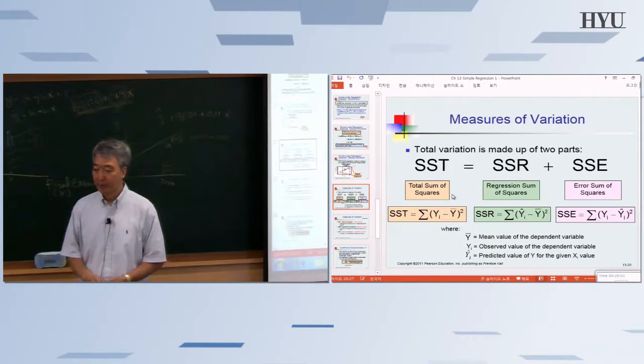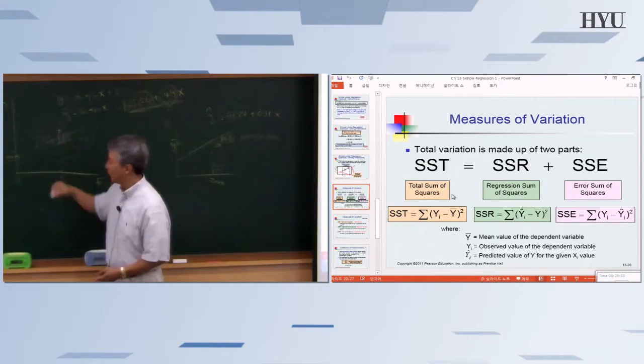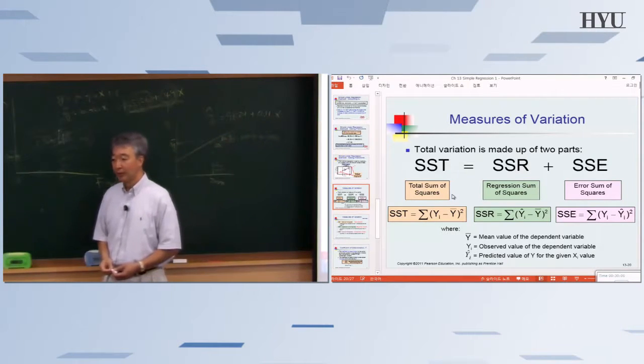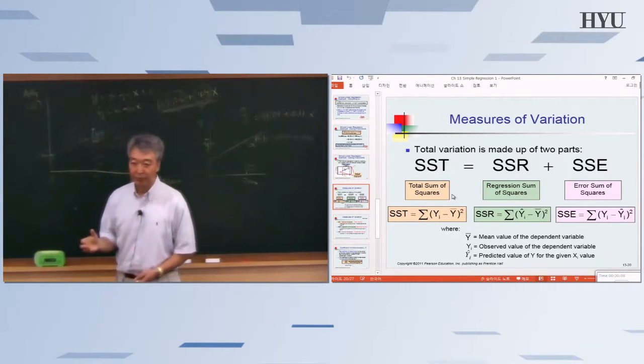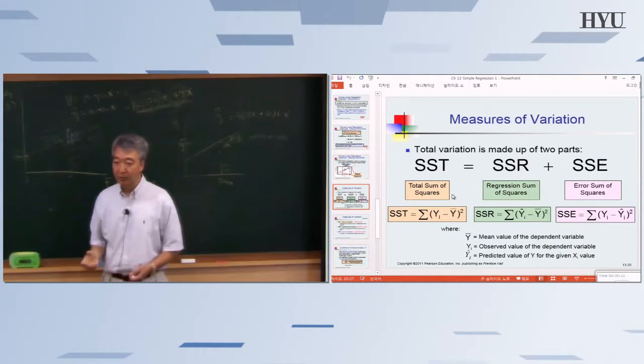Let's say your regression line explains only 10% of the total variation in y value. In other words, in my previous example, the amount of fertilizer you use explains only 10% of the variation in the tomato crop size, then obviously it's not a very good predictor.